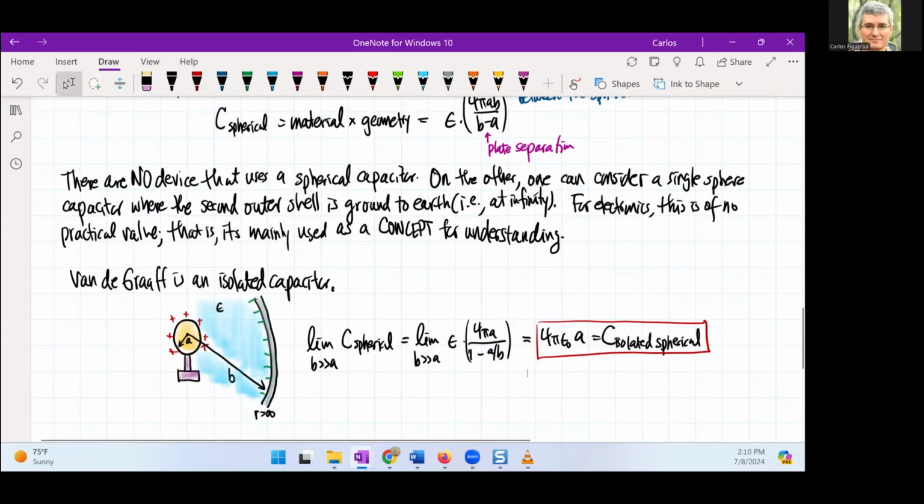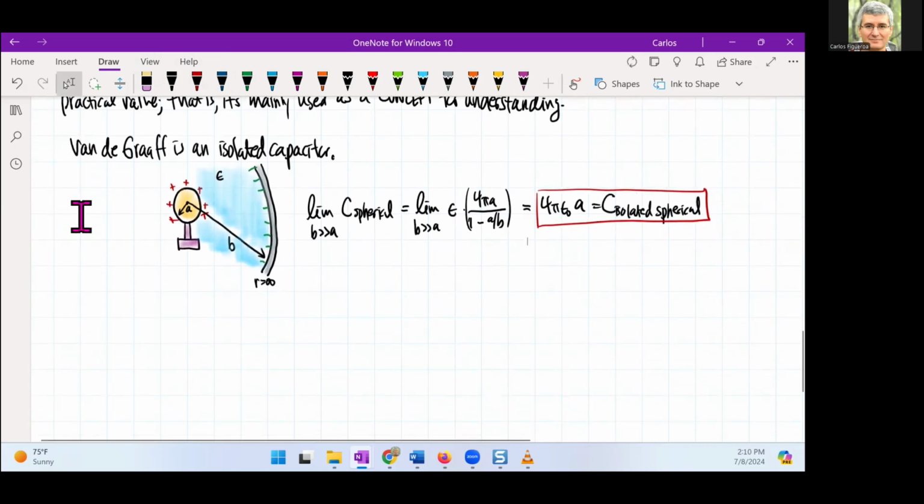So then the last capacitor that we want to talk about is the cylindrical capacitor. Let's go look at that.